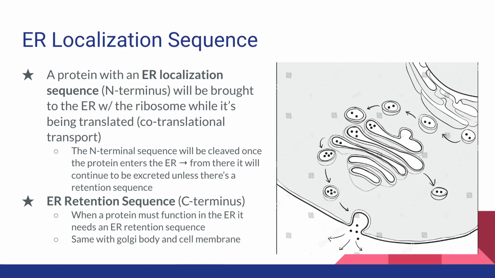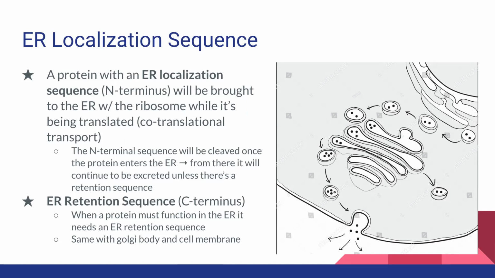Thank you. When you mentioned that the retention sequence is different for the Golgi body and cell membrane, does that also imply that there is a Golgi body retention sequence and a cell membrane retention sequence? So the retention sequence is different. I'm not sure I fully understand the question, but I'll try to explain. The localization sequence is totally separate from the retention sequence.